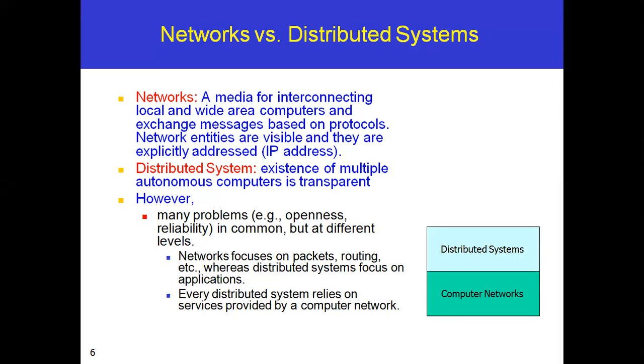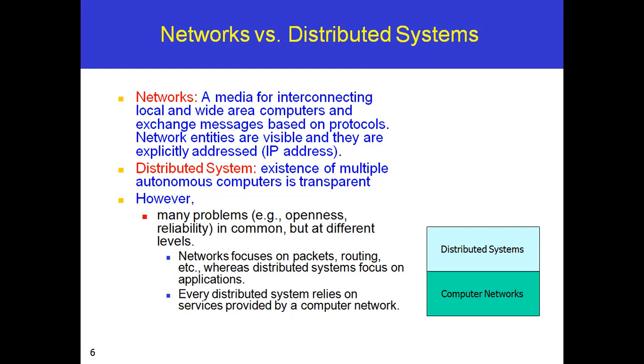The network entities are visible and explicitly addressed. Every network computer is explicitly addressed, meaning every network computer has an address, which we call an IP address. This is about networks.